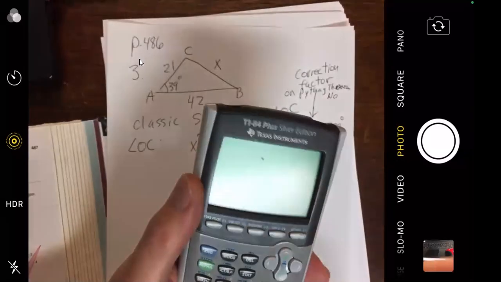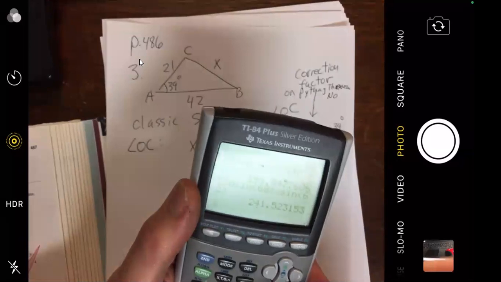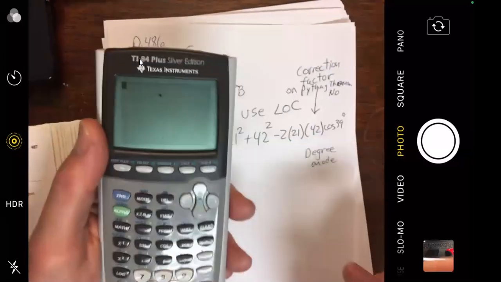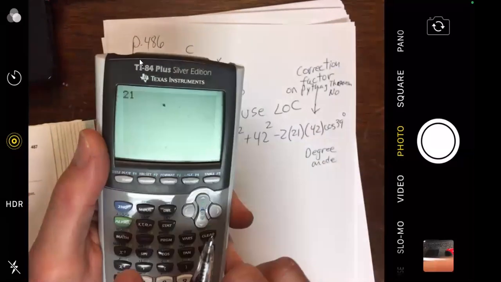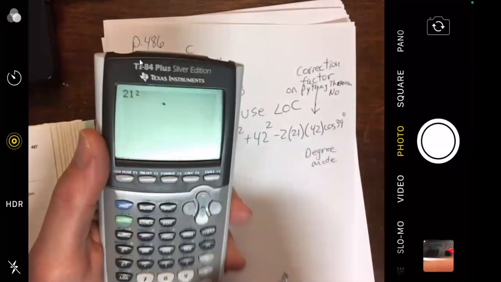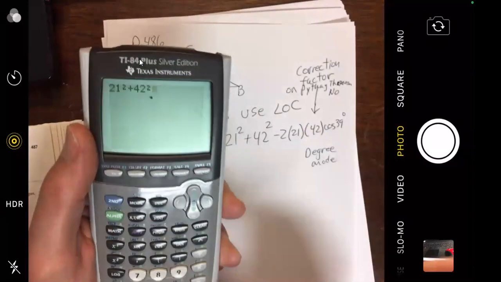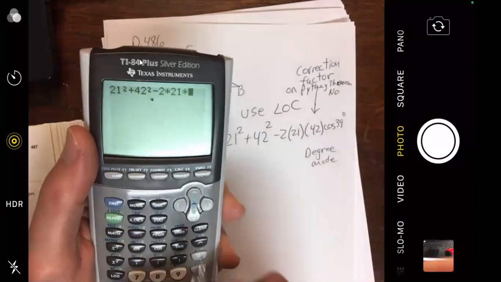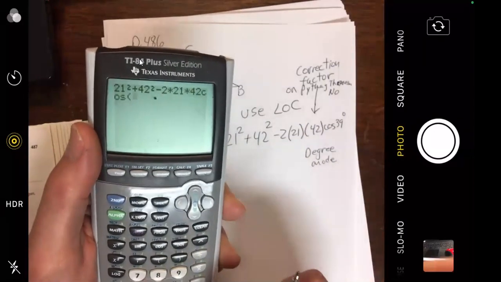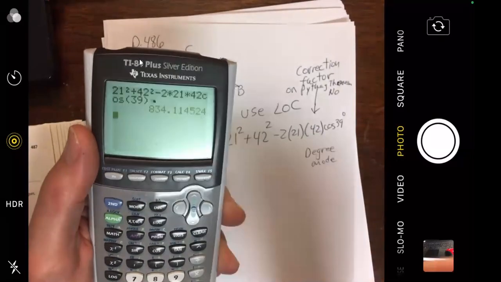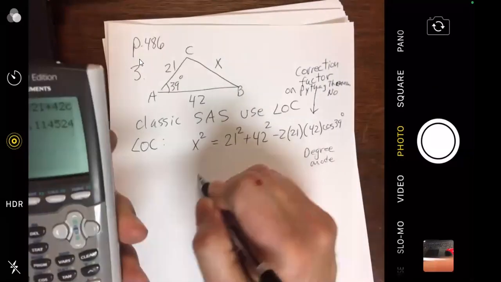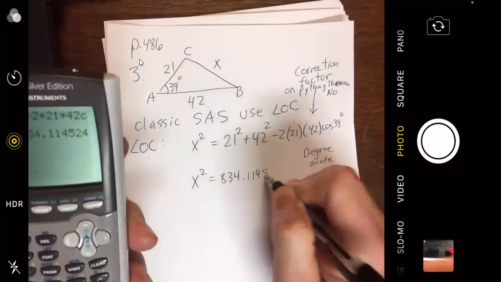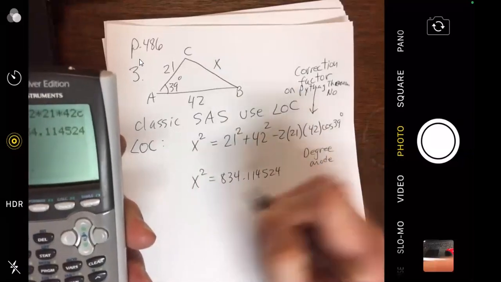All right, so degree mode, yep. And this is pretty easy punch, it's a little long, but 21 squared, add the other side squared, subtract 21 times 42 cosine, that's why they call it law of cosines, 39. 834.1145.4, and x would then be the square root of that.